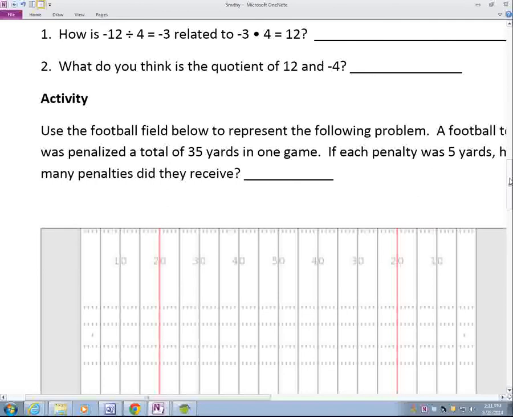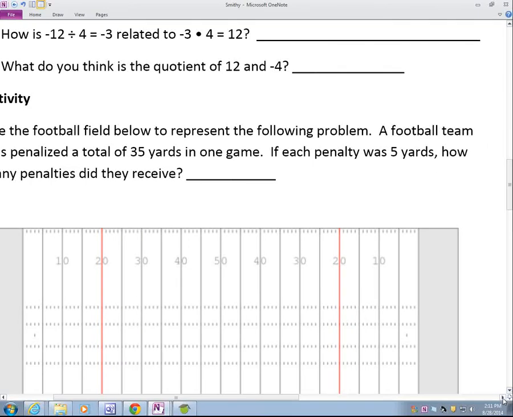For the next one: how is negative 12 divided by 4 equals negative 3 related to negative 3 times 4 equals negative 12?